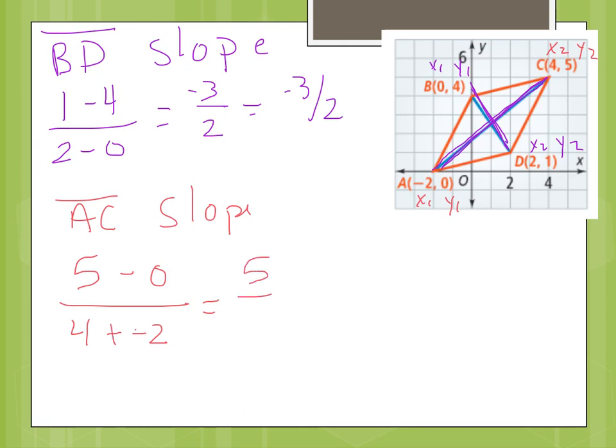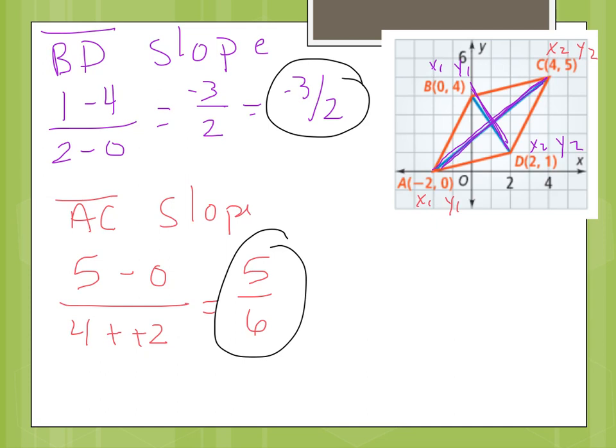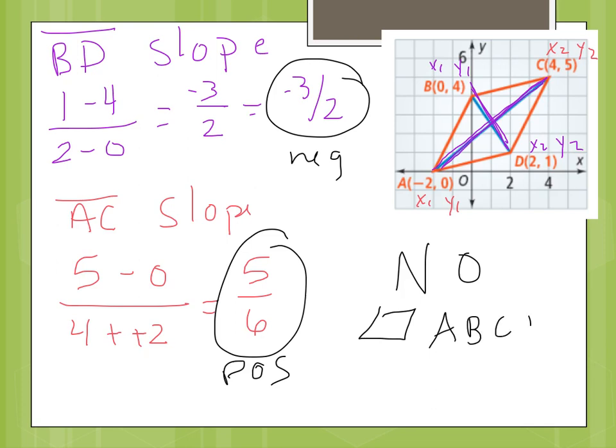This becomes plus plus, and 4 plus 2 is going to give me 6. Well, when I compare my 2 slopes here, they're opposite, meaning one is negative, this one's negative, and this one's positive. But they're not reciprocals, so no. My parallelogram ABCD is not a rhombus.